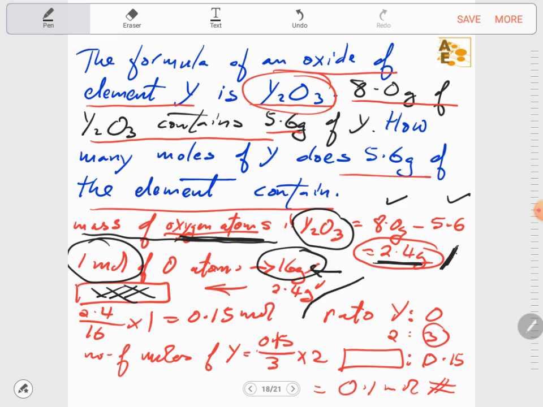Once we know the mass of oxygen, our brain already tells us that the ratio is 2:3, based on the chemical formula Y2O3. Y is 2 and oxygen is 3, which means for every 2 moles of element Y, there will be 3 moles of oxygen.